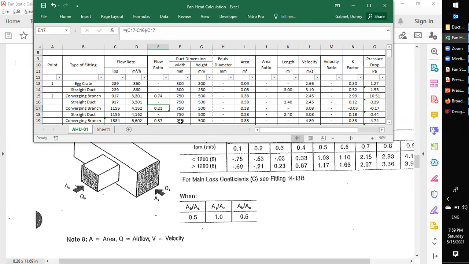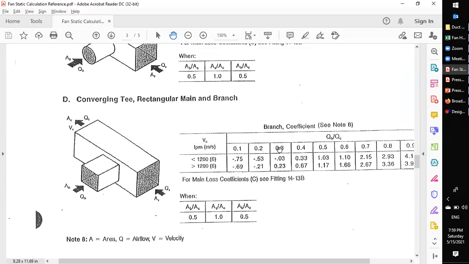Our velocity is less than 6 meters per second. See, the velocity is only about 3. We got the higher value, 0.3, because our flow ratio is only 0.2. In between 0.2 and 0.1, we got the negative 0.3 K value. Why? Because the flow here is so high and the flow here is low that it naturally sucks the air here.